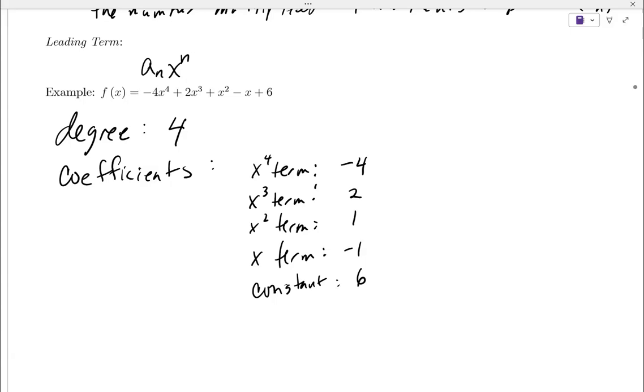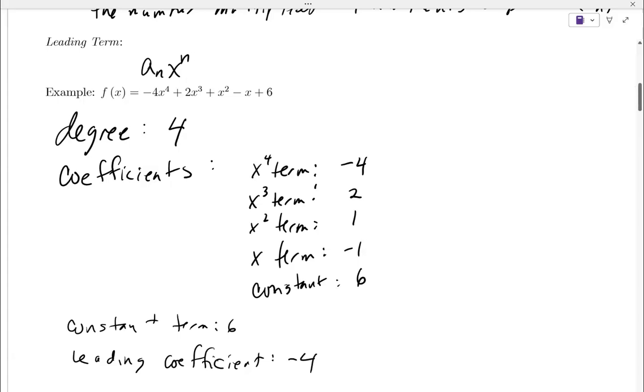In particular, the constant term is 6. You can see that from the coefficients. What's your leading coefficient? -4, good. And our leading term then is -4x to the 4th.